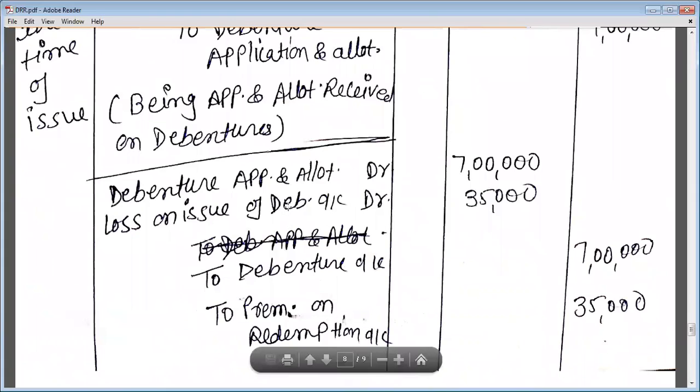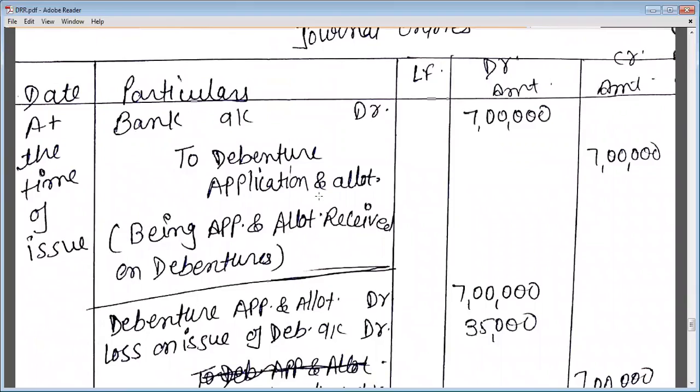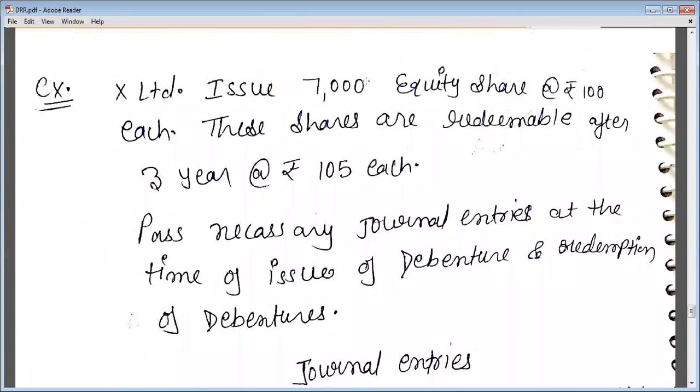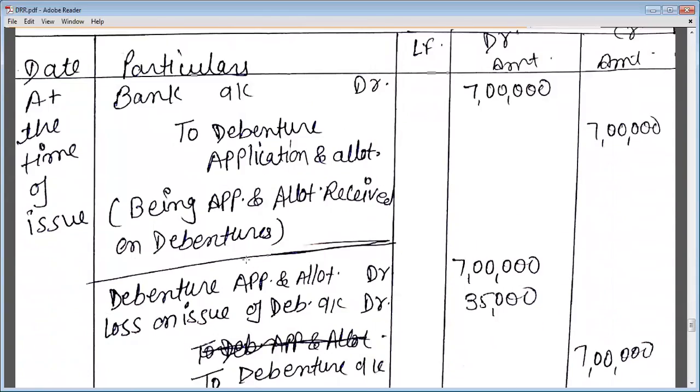Here the company will face a loss at the time of redemption, of 5 rupees on each debenture. So 7,000 multiplied by 5, that is 35,000. So loss on issue of debenture will be 35,000.